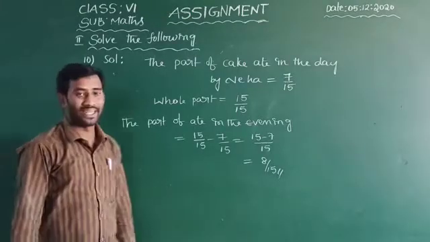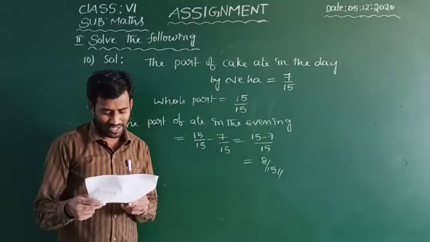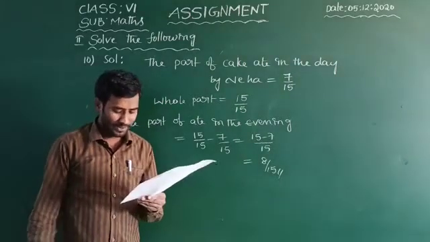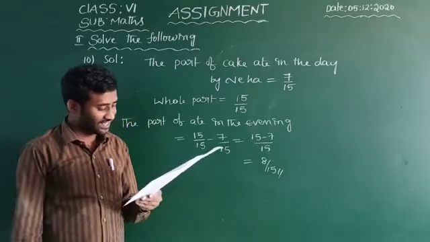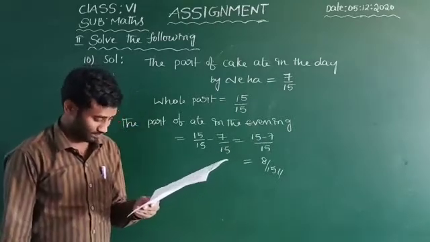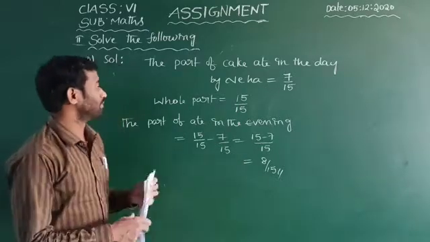Next, question number 10 is: Neha bought a cake. She ate 7 by 15 of the cake immediately, and in the afternoon she ate the remaining part. How much of the cake did she eat in the afternoon?